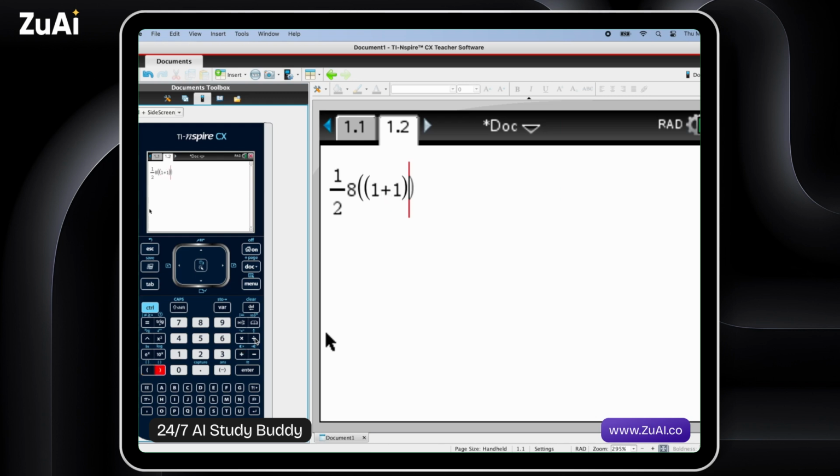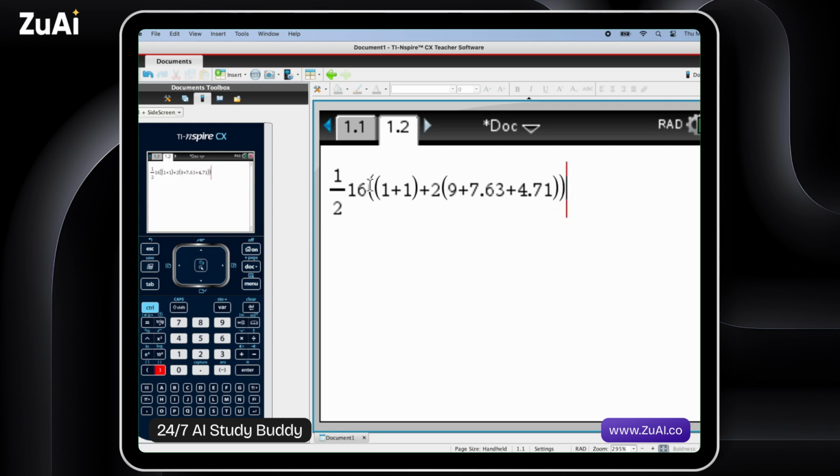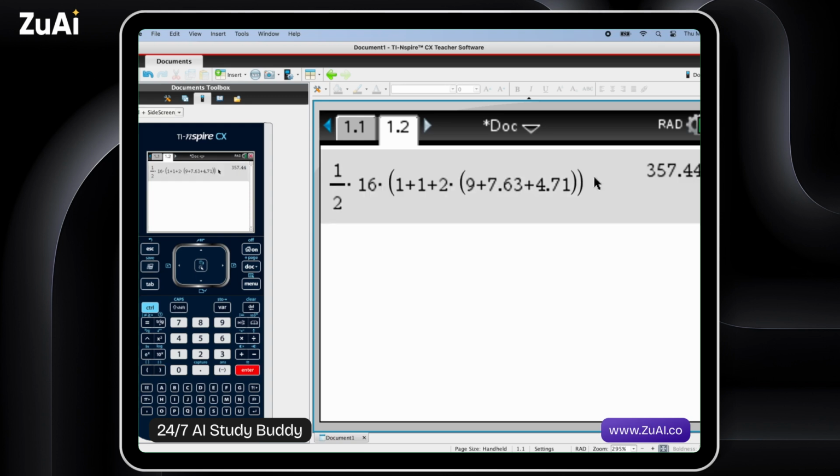And I'd actually encourage you to simplify some of this within these brackets beforehand and then just multiply this, or this should be 16 rather, the size of our intervals, and then multiply it by what's on the outside. So 1 plus 1 plus 2 times, and we had 9 plus 7.63 plus 4.71. All right, we want to make sure that this is multiplied by everything, so we've got this bracket right here, enclosing everything, and there we go.